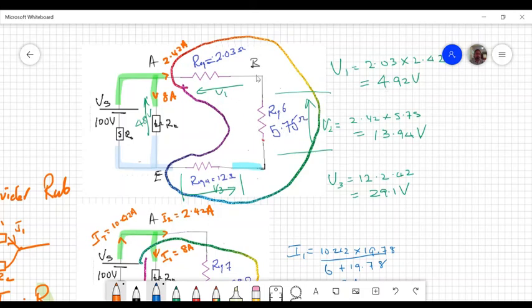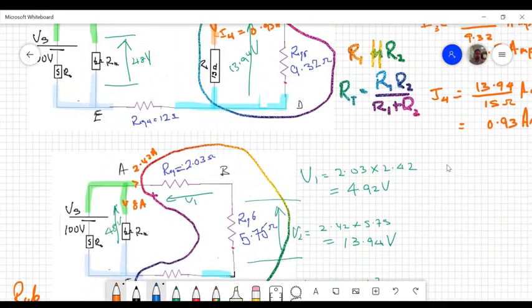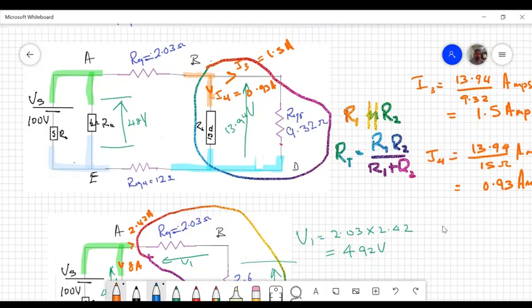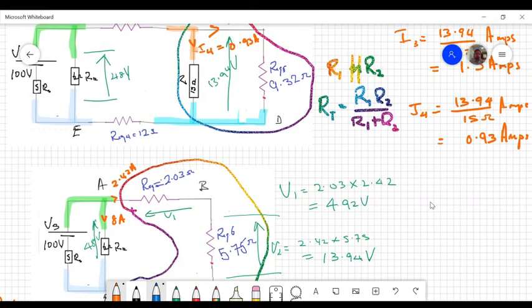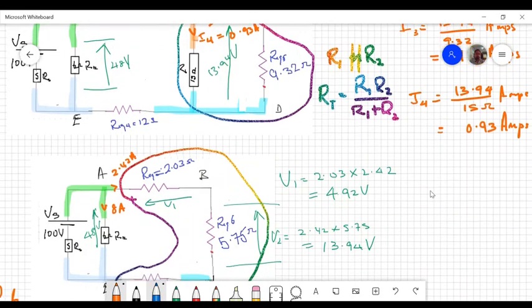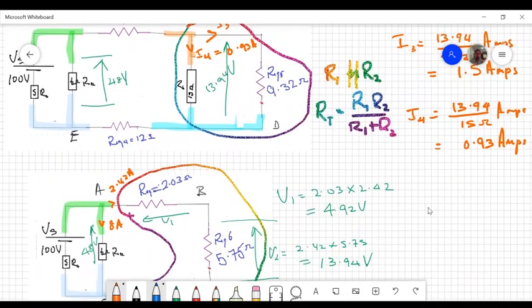Now, why do I need that? Because I know the voltage, for example, that 5.75. That 5.75 is really a combination of several resistors. Sorry, I should say that 9.2 is a combination of 2.03, 5.75, and what am I saying there?